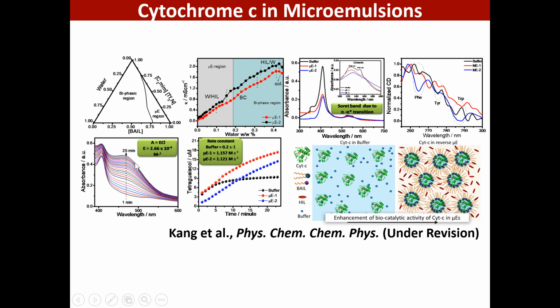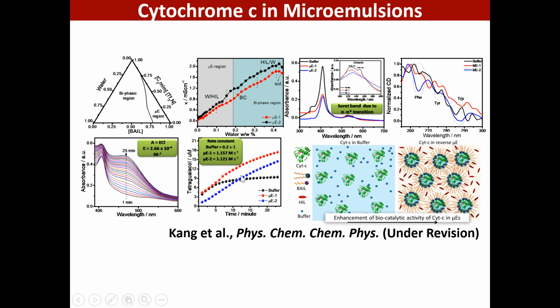And due to this deformed structure, cytochrome C has given good catalytic activity in the reverse microemulsion as compared to buffer. And we have used the Beer-Lambert law for finding the concentration of the product.